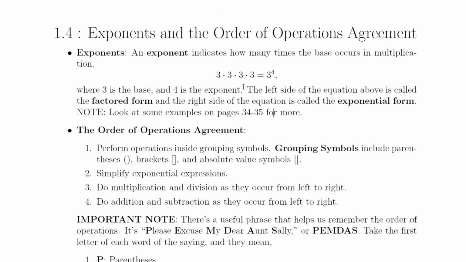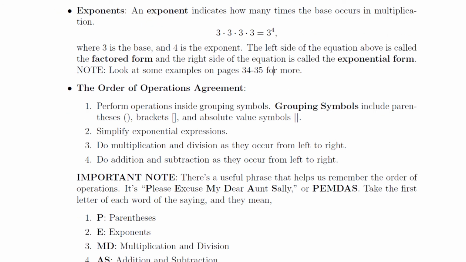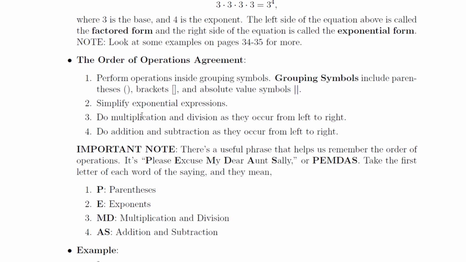So how do we deal with order of operations? We just introduced exponents, and we'll do a few examples here in just a few minutes. So the order of operations agreement is the way in which you perform operations. There is a correct order when you do adding and subtracting, multiplying and dividing, and applying exponents.